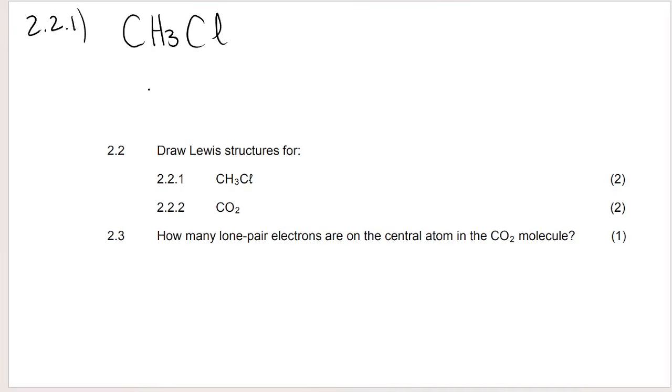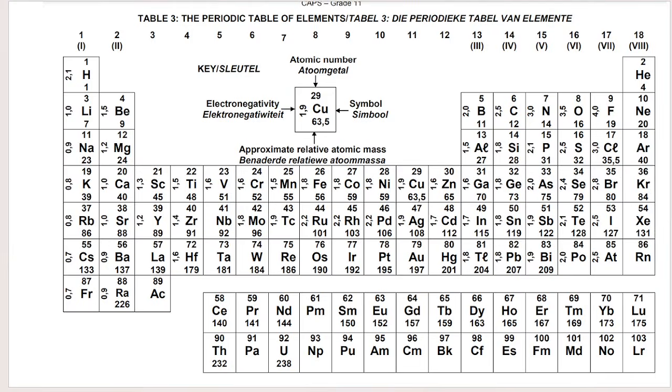And that guideline is that generally the least electronegative atom goes in the middle, but this guideline excludes hydrogen. Now remember, electronegativity is the tendency of an atom in a molecule to attract, so to pull the bonding electrons closer to itself.